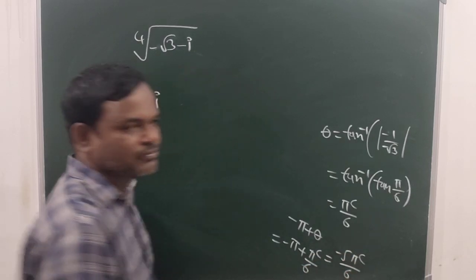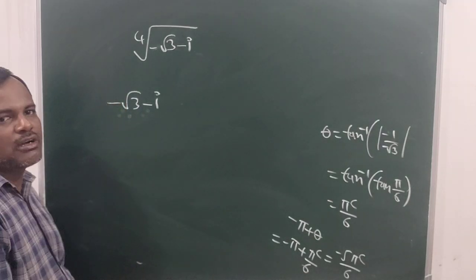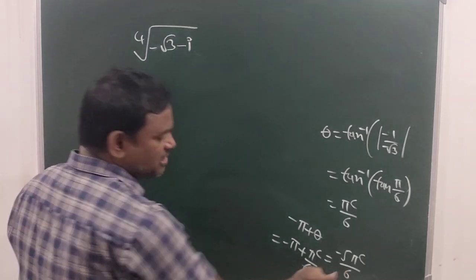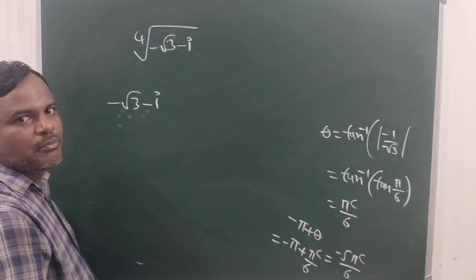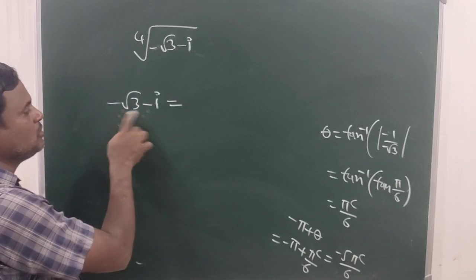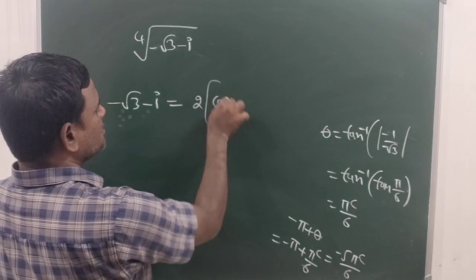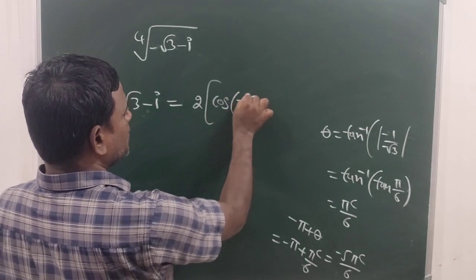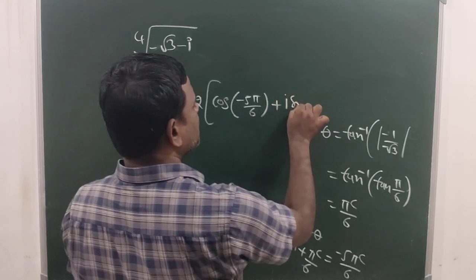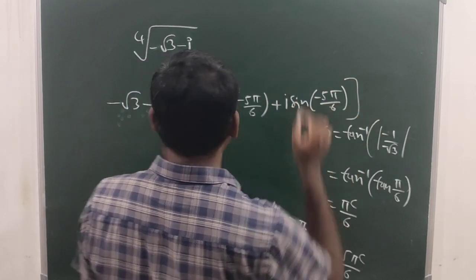That is the principal amplitude of this complex number, because it is belonging to the third quadrant. So here whose magnitude is 2, you get 2 into cos of minus 5 pi radians by 6 plus i sin minus 5 pi radians by 6.